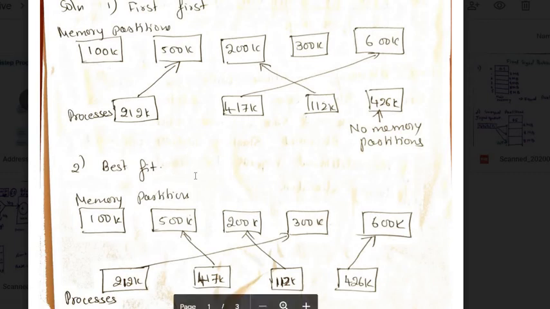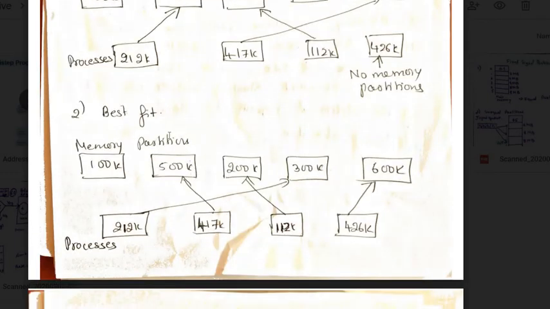Now let us see the next one, best fit. Using best fit, can you satisfy the requests? What does best fit tell you here? Allocate the smallest hole that is big enough. Whichever is able to satisfy the request, you can use.